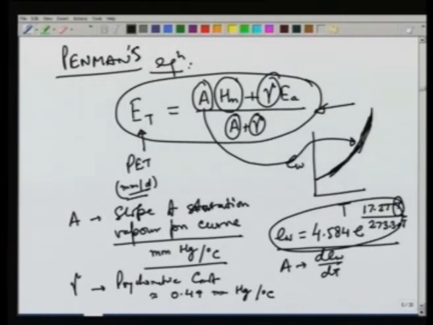So, Penman's equation is a little more theoretical, and from place to place you can estimate different parameters and obtain the potential evapotranspiration.